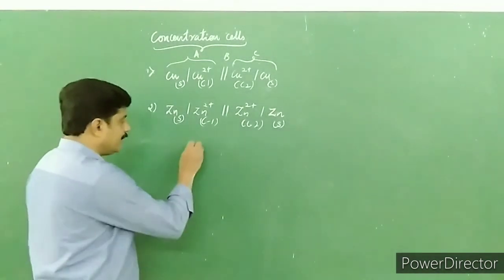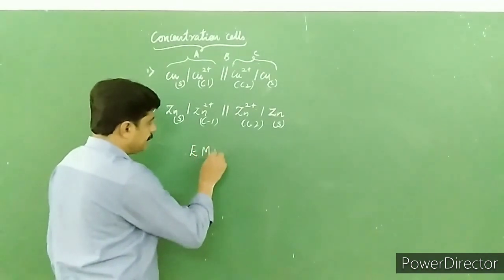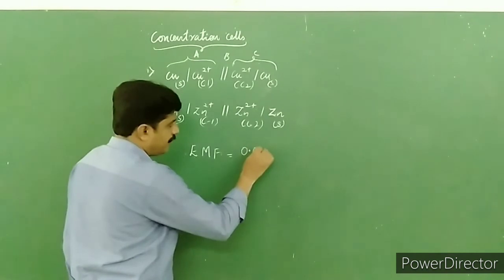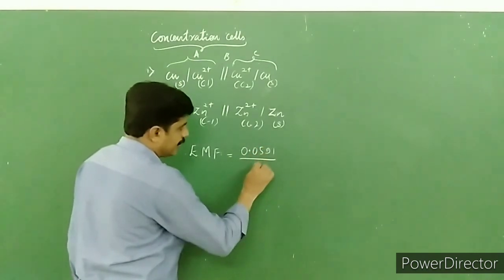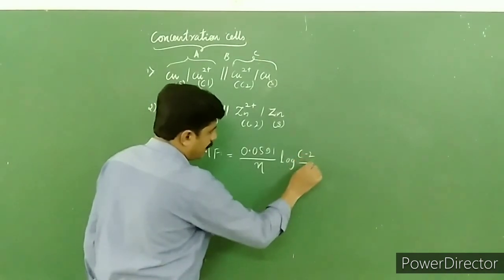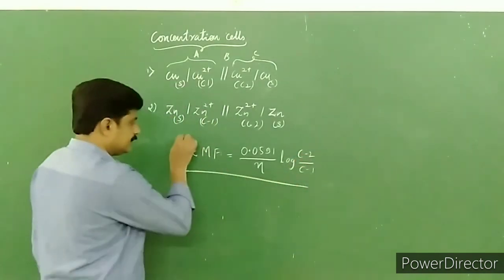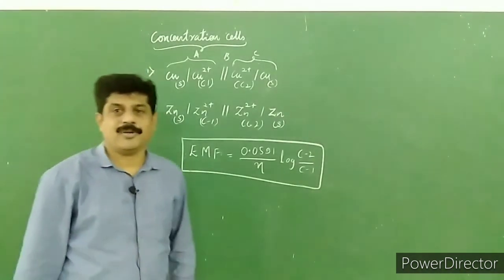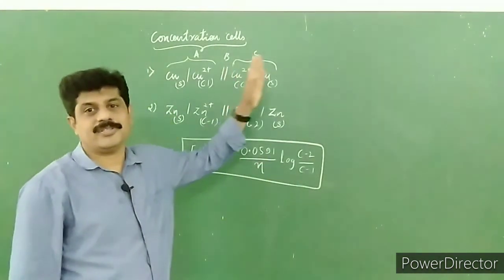Let me write. EMF, nothing but cell potential, is equal to 0.0591 upon n into log of C2 upon C1. By using this expression, we can easily find the cell potential of a concentration cell.